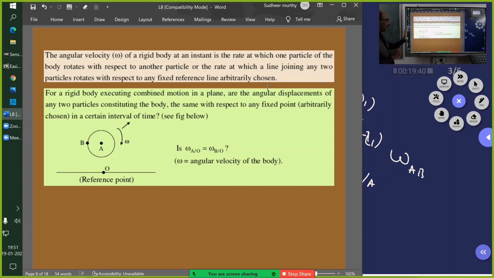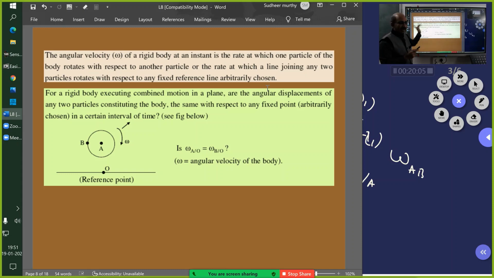Please don't confuse. You are generalizing. Angular velocity omega of a rigid body at any instant is the rate at which one particle of the body rotates with respect to another particle of the same body, or the rate at which the line joining these two particles rotates with respect to a reference line.